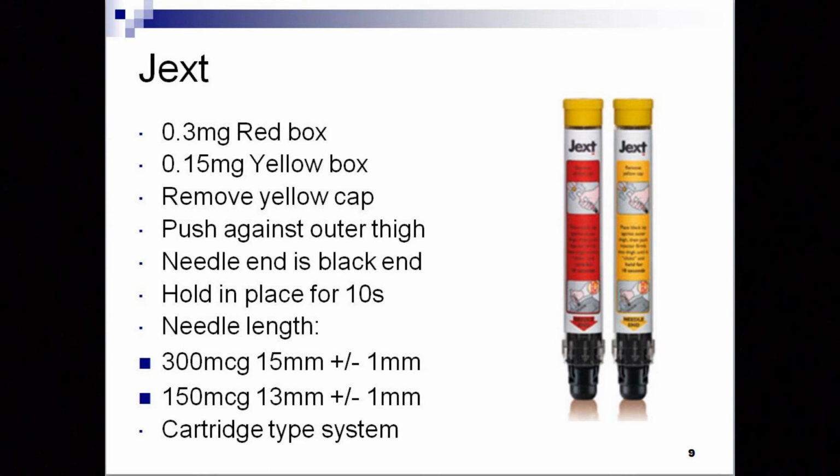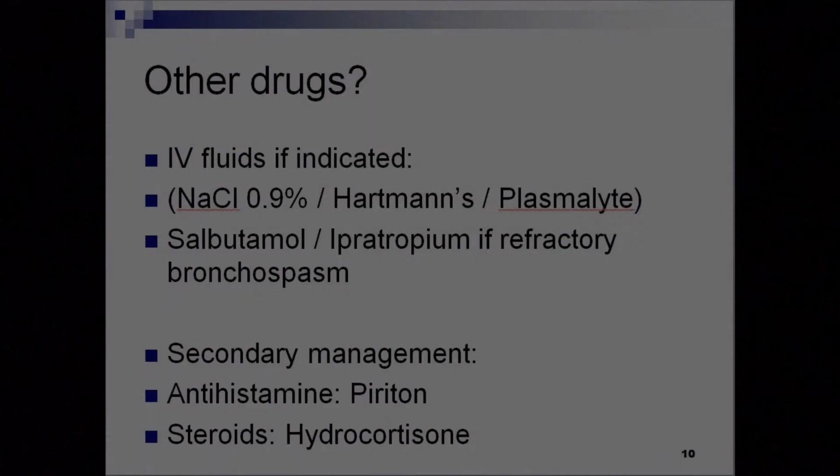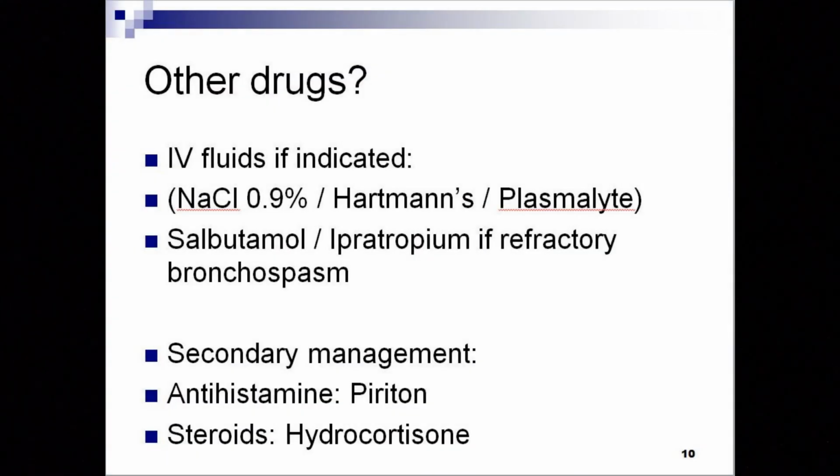Having injected adrenaline, hopefully your patient will improve. If they don't, you can consider other drugs. If the patient is profoundly hypotensive, so the blood pressure is less than 90 systolic, you could consider a fluid challenge of either normal saline, Hartmann's or Plasmolite.